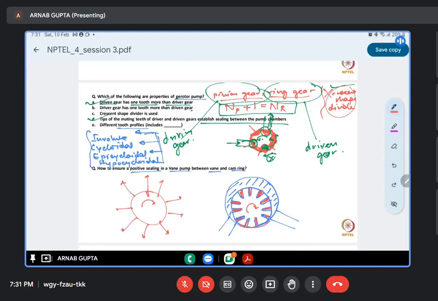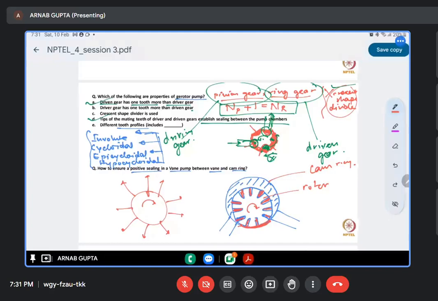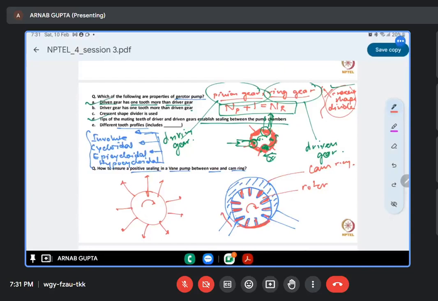But in this portion where there is close contact between the rotor, so this is your rotor, and this is the stator part, or what do we call it? It is a cam ring. So in this portion, the cam ring is not allowing the vanes to come out. As soon as it moves away from this position, the vanes get space to come out.